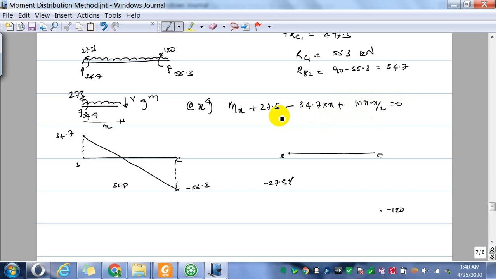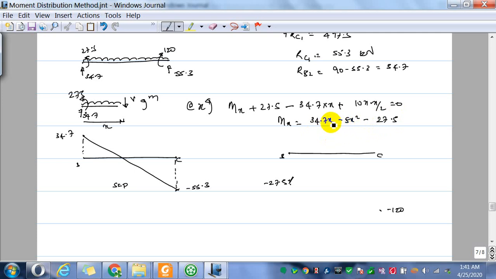So Mx is equal to 34.7x minus 5x squared minus 27.5. Now if I put this into a quadratic equation in the calculator for Mx equal to 0, I can find the value for x.